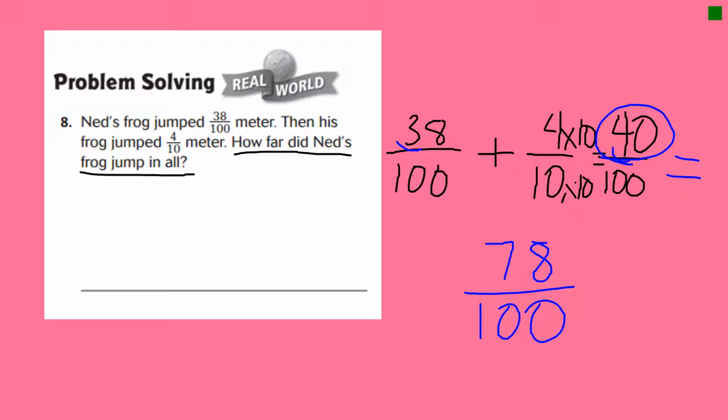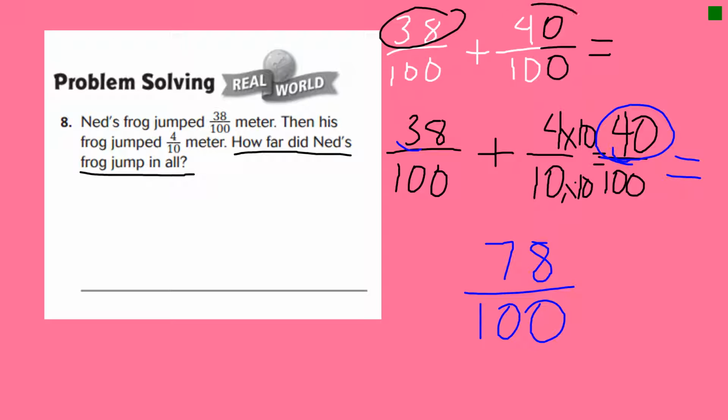So I bet a lot of you guys, let's just look at this really quickly. In class today, you did this plus 4 tenths, and you just put on a 0, put on a 0. That's okay to do that too. So then you have 38 plus 40 is 78, and then your denominator is the same.